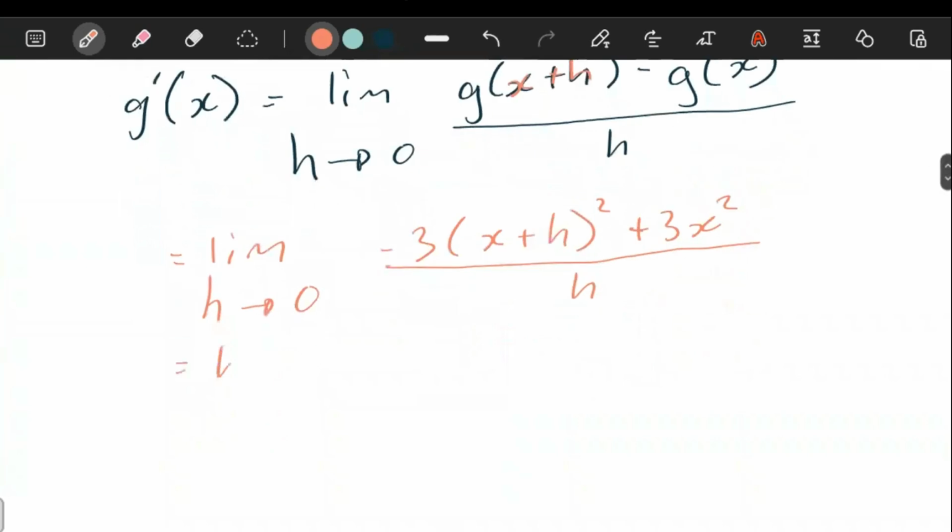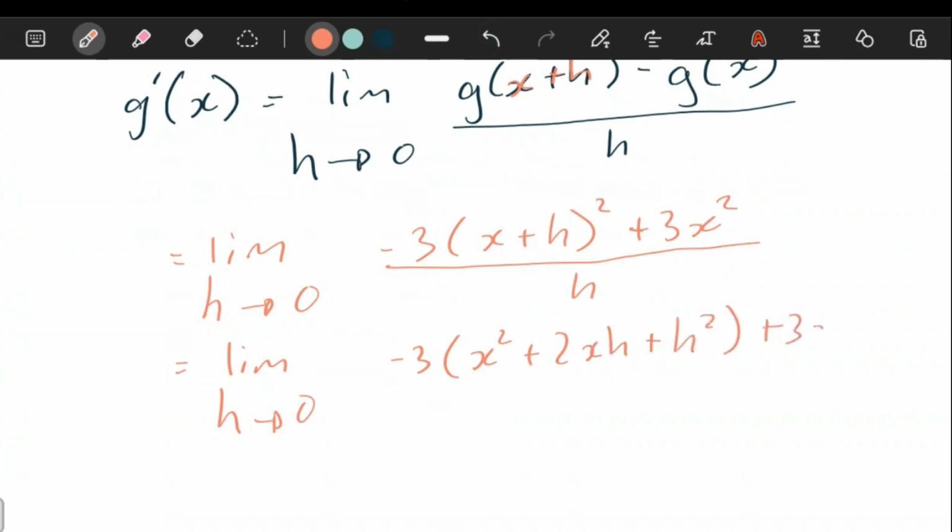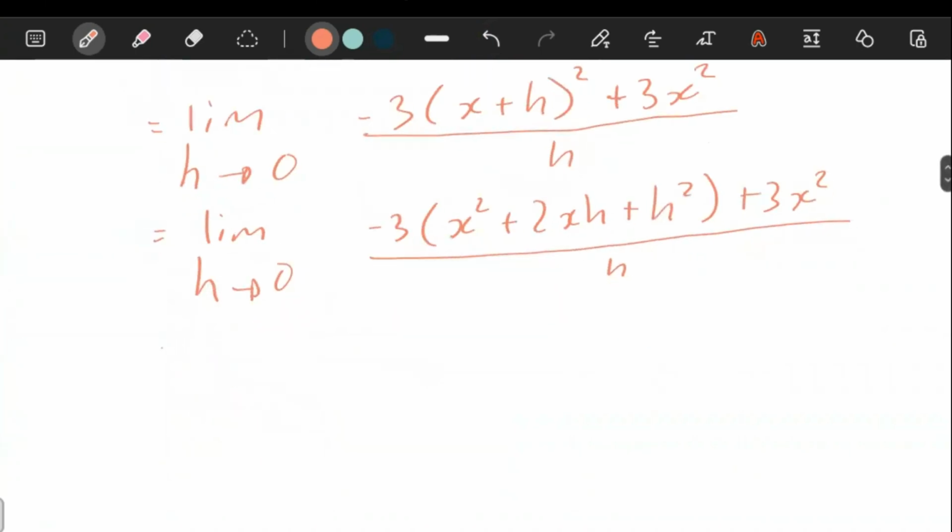And then obviously everything here we can just carry on nicely. Here the negative 3 is outside, but then x plus h squared is going to give you x squared plus 2xh plus h squared, plus 3x squared, the whole thing over h. And then lim h goes to 0.